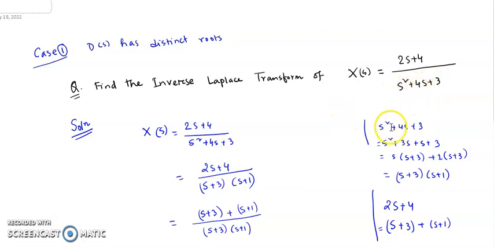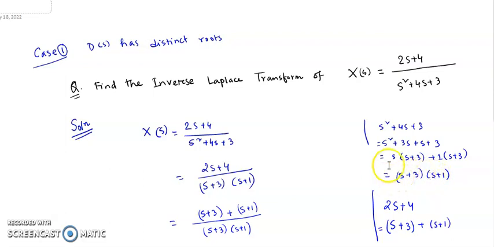Now we break s² + 4s + 3 like this: s² + 3s + s + 3, so 4s is broken into 3s + s. Taking s common, we get s(s + 3), and taking 1 common from the rest, we get 1(s + 3). Taking (s + 3) common from both, we write (s + 1) here. So it is (s + 3)(s + 1), a multiplication of two values.